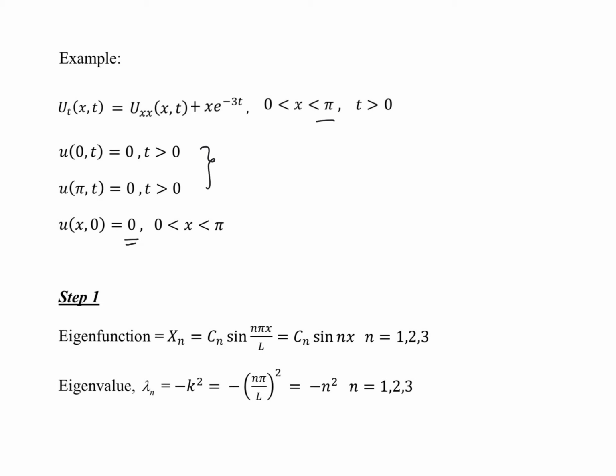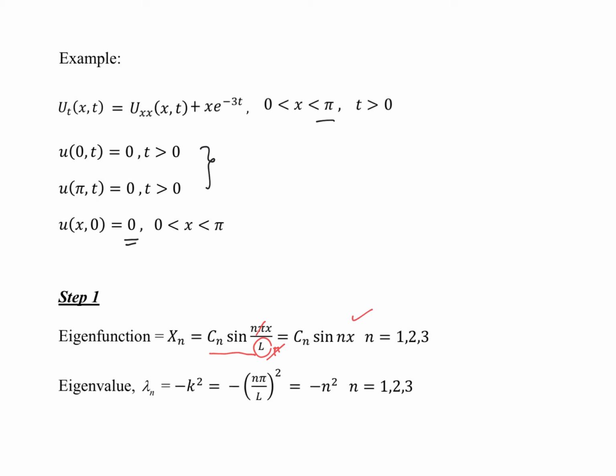For the first step, we list our eigenfunction and eigenvalue based on the Dirichlet boundary condition. As we know, for the Dirichlet boundary condition, X_n = C_n sin(n pi x / L). Then we substitute the value of L, which is equal to pi. Then we just eliminate pi, and we get C_n sin(nx).